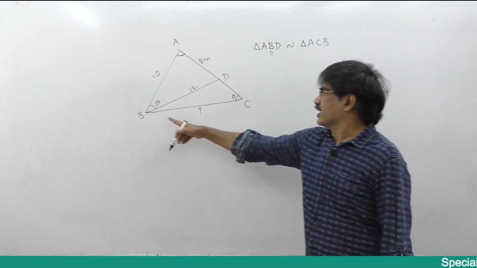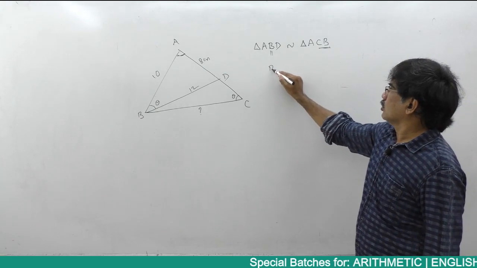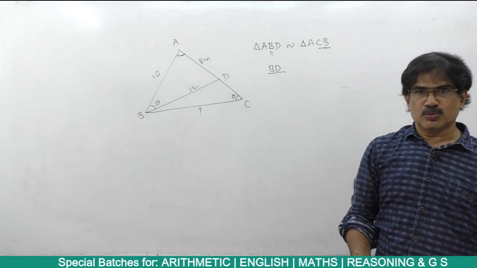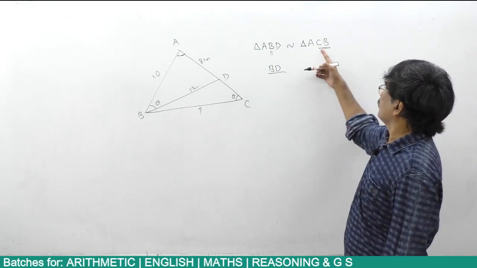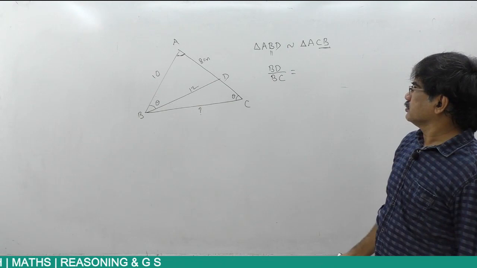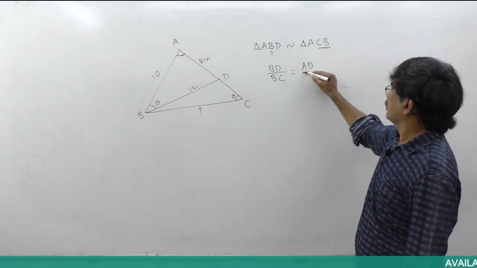So what do we have to find? BC. We have to find BC. If triangles are similar, the corresponding sides are proportional. BD by BC is equal to AD by AB.